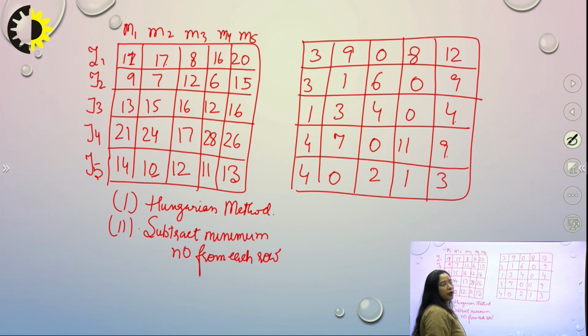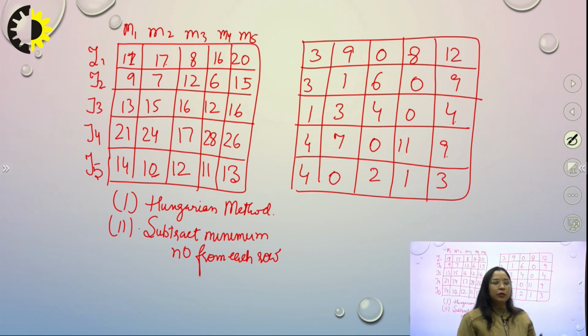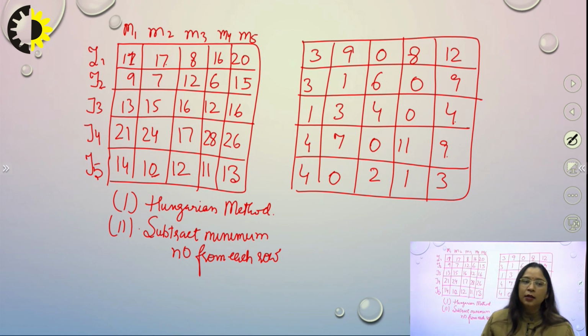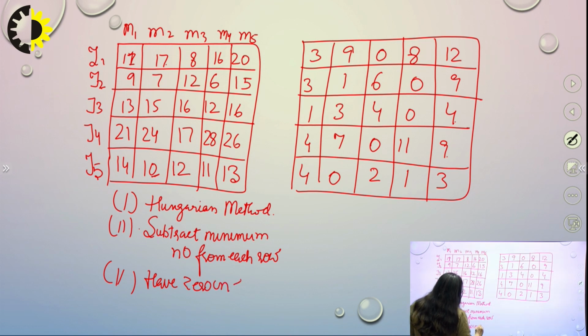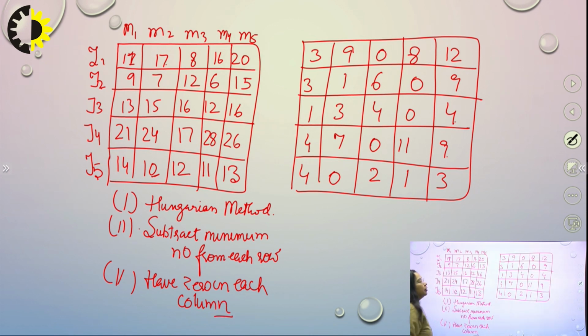So we have to create a minimum matrix actually. Since there is 0 in each and every row, the second thing is to have 0 in each column. Now we have to assess every column.